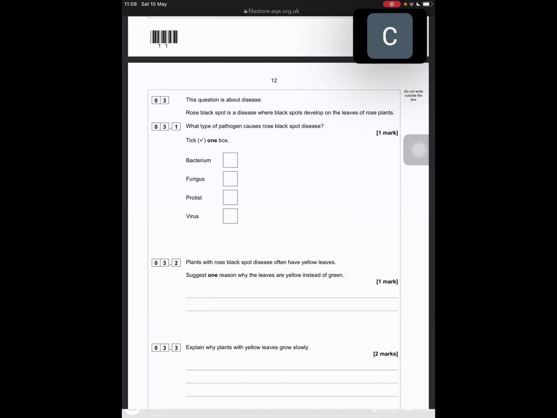I think it's the chlorophyll. As in they have less chlorophyll. Yes, less, I think that's why.